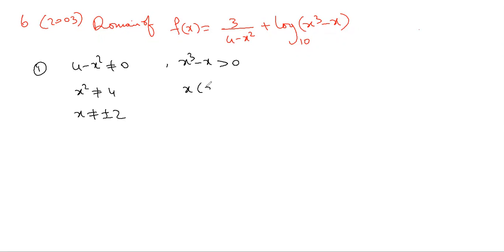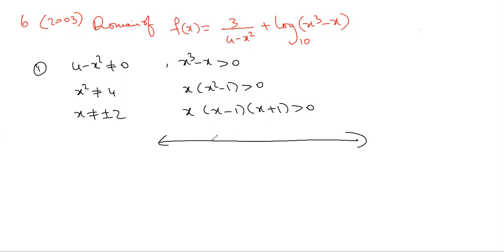Here x take common, x square minus 1 greater than 0. And we know the wavy curve method, well known. x plus 1 greater than 0. You take a number line and you write this as minus 1, 0 and 1. See, after writing these two steps, isn't it this calculation is similar to the simple linear inequalities problems which we did in the beginning from the linear inequalities?